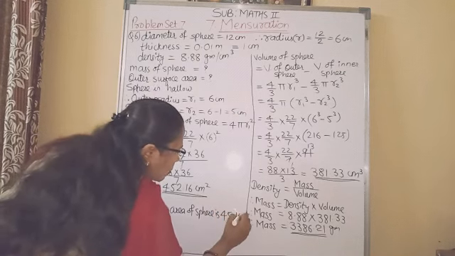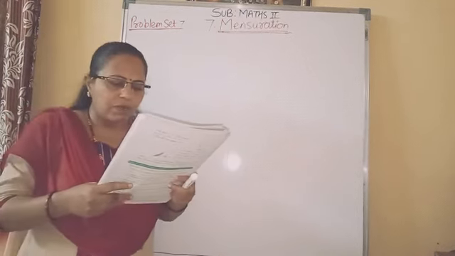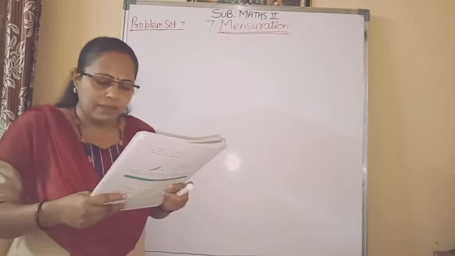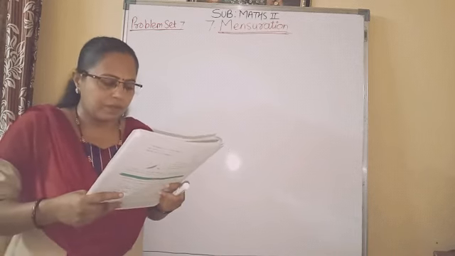Question number 7. A cylindrical bucket of diameter 28 centimeter and height 20 centimeter was full of sand. When the sand in the bucket was poured on the ground, the sand got converted into shape of cone. If the height of the cone was 14 centimeter, what was the base area of the cone?